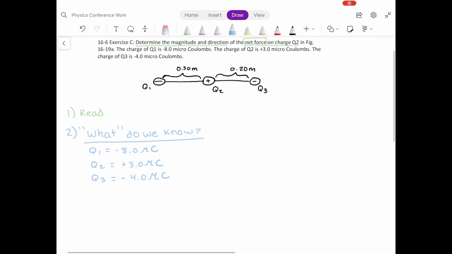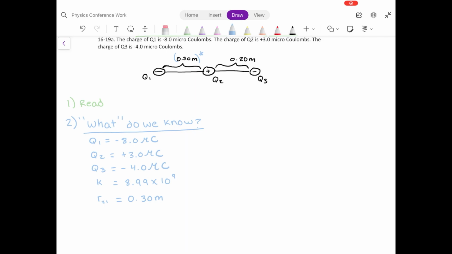We also know that the K constant is 8.99 times 10 to the 9th SI units. Also know that the R value, or the distance from charge Q2 to charge Q1, is 0.3 meters. So this is all information that we know.